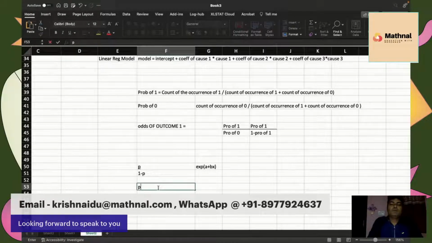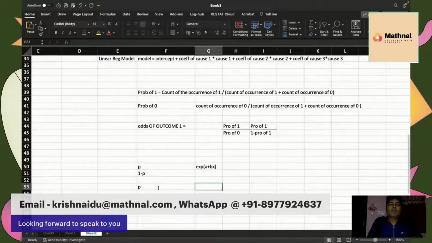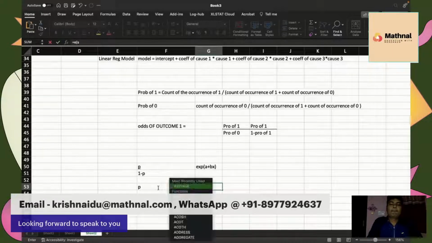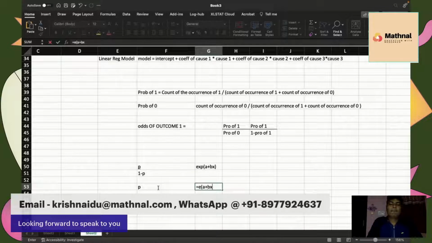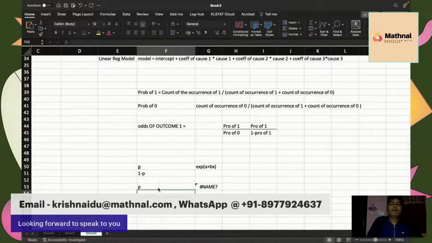So p is equal to e to the power a plus bx into 1 minus p. Let me remove this equal to sign from here.